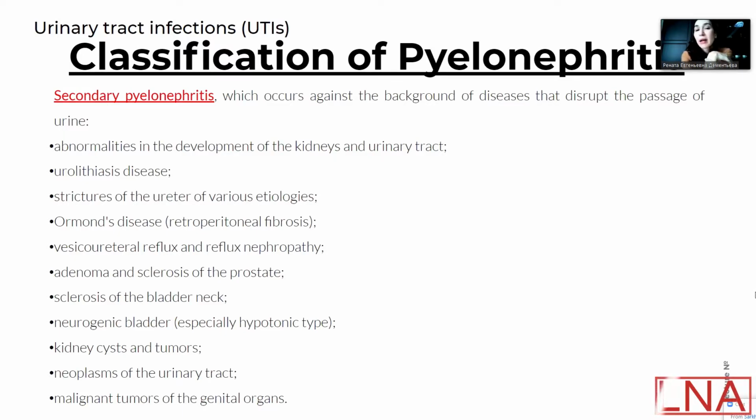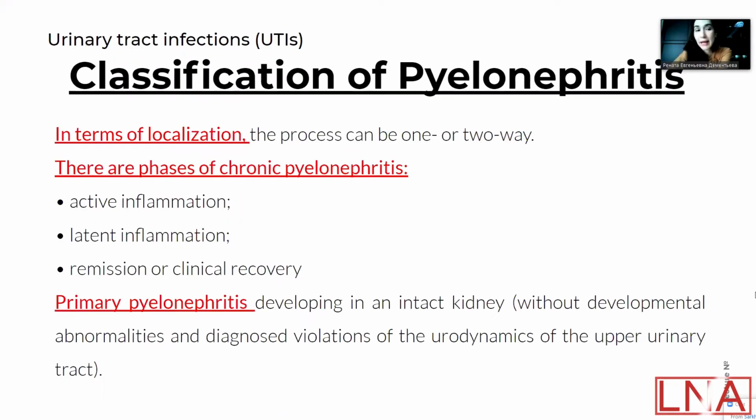On the background of these diseases, all can lead to developing secondary inflammation in the renal pelvis. And primary pyelonephritis develops on the basis of an absolutely clear and intact kidney.